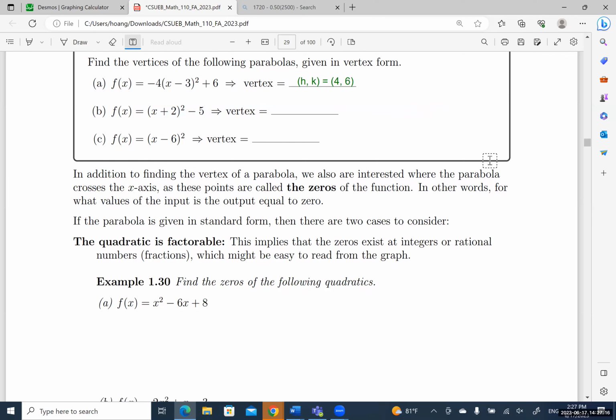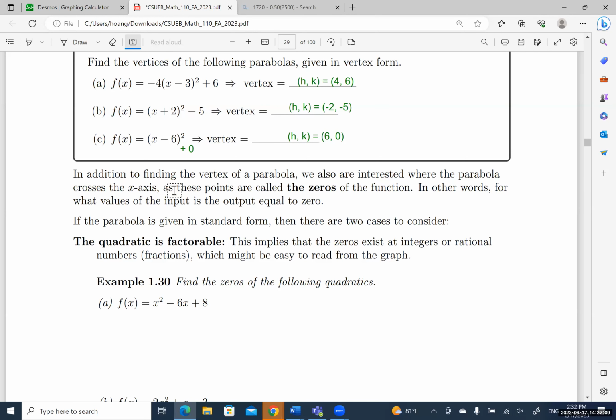Yeah, so if you finish that, you can see the answers: B is -2, -5, and C is 6, 0. So you might not see the k, it was hidden here, adding 0 in it, and you're going to see k.